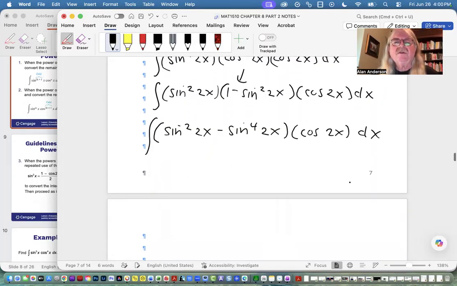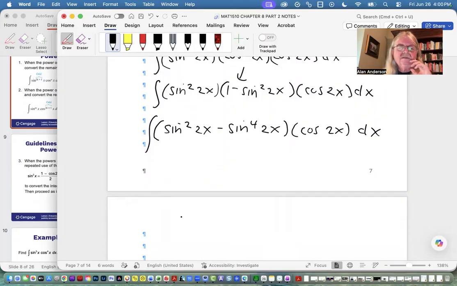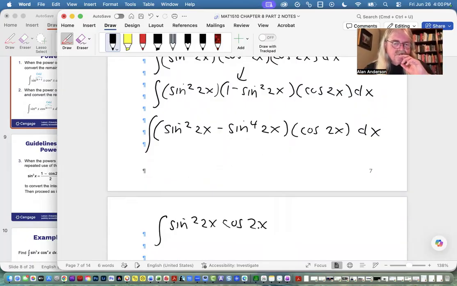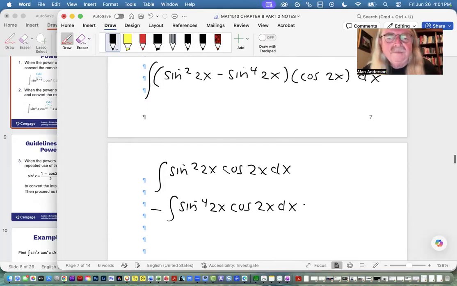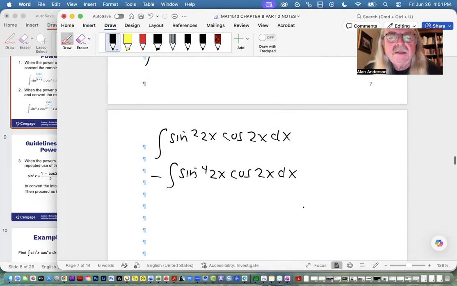And then we can split it up, of course, into two separate integrals. All right.